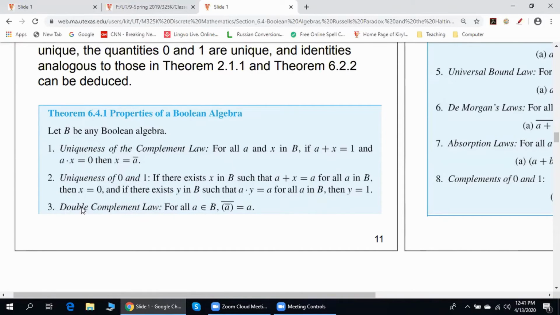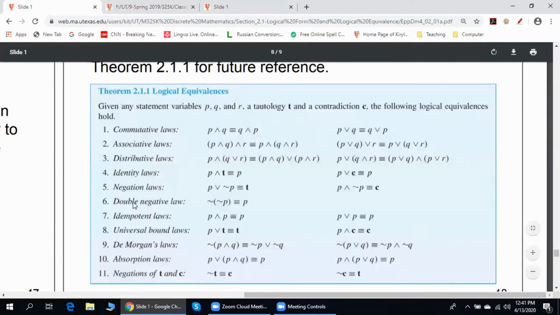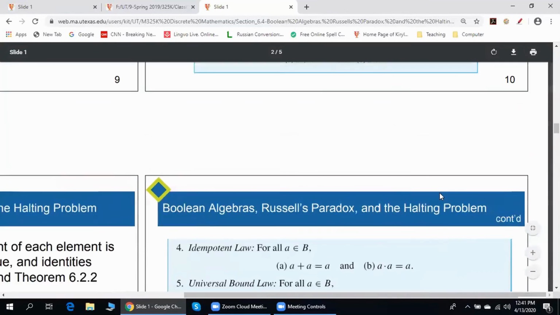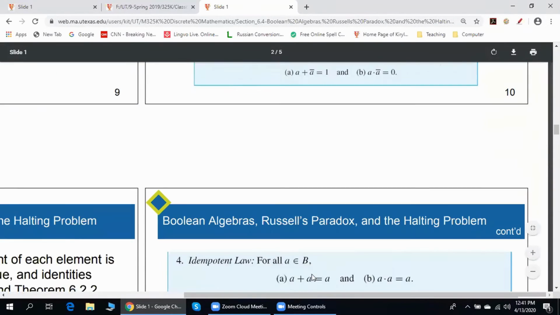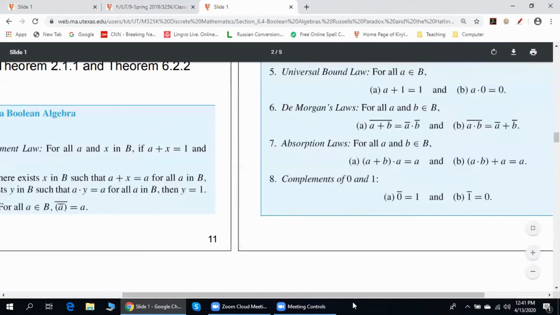By the way, double complement law corresponds to double complement law for sets and double negation law in logic. So, in other words, we will use only 5 rules from this definition in order to deduce the rest.